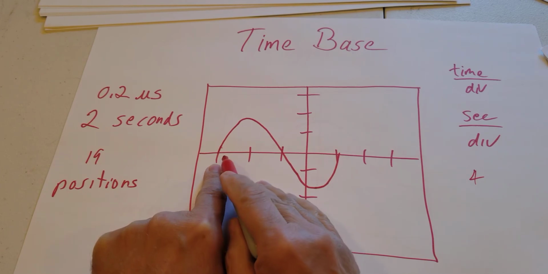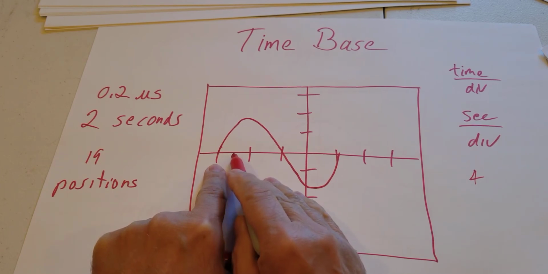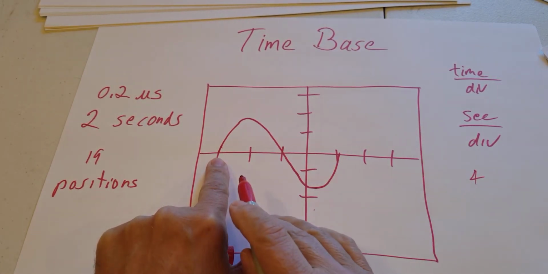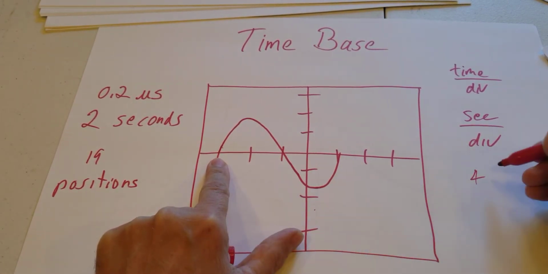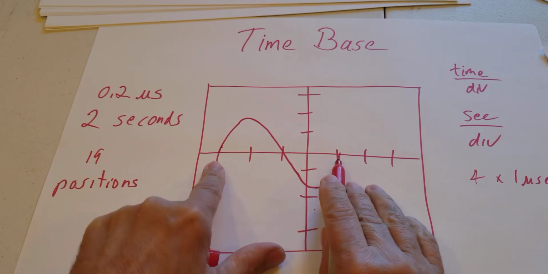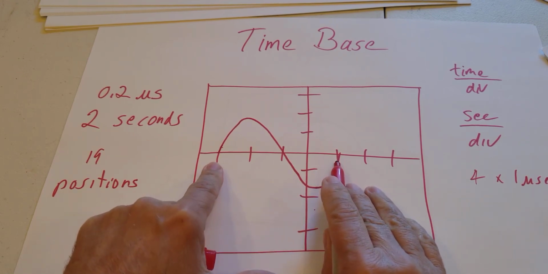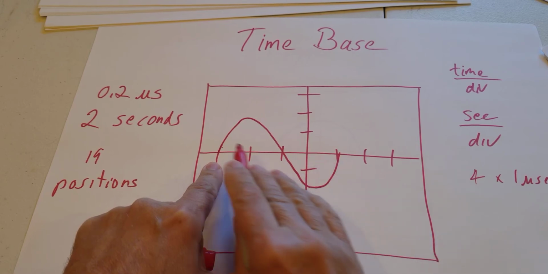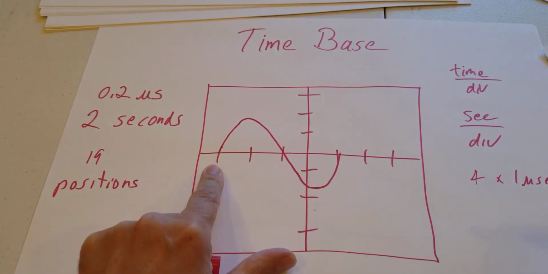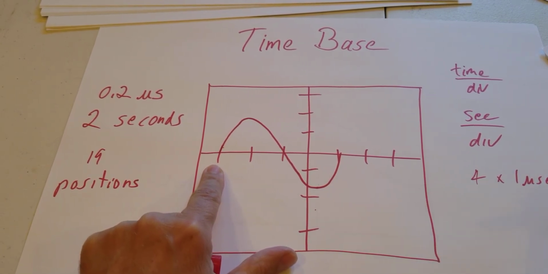If I said that each division was 1 microsecond, if I set the dial for 1 microsecond per division, it'd be 4 times 1 microsecond. That would be the complete period time of that wave. Not wavelength, but wave. Wavelength, you usually refer to when you're speaking spatial, not temporal.